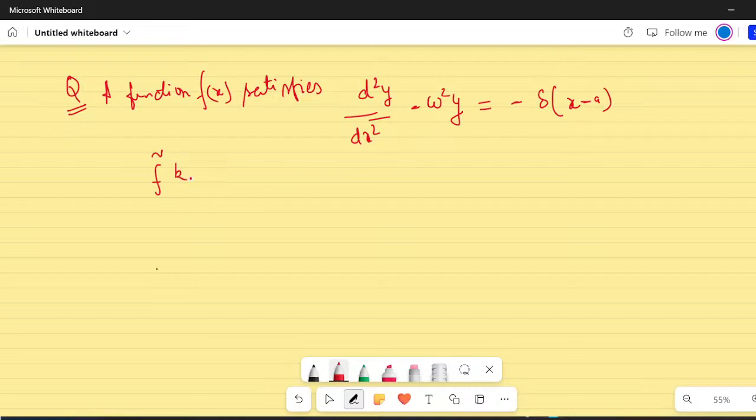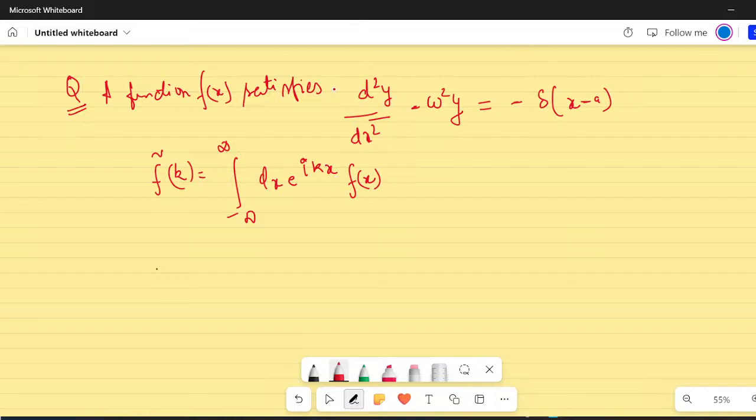It was the integral from minus infinity to plus infinity dx e to the power iota kx, and then you had this into f of x. Okay, this was what was given in the exam only.